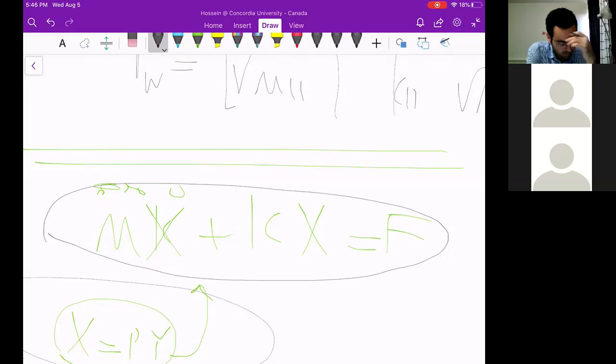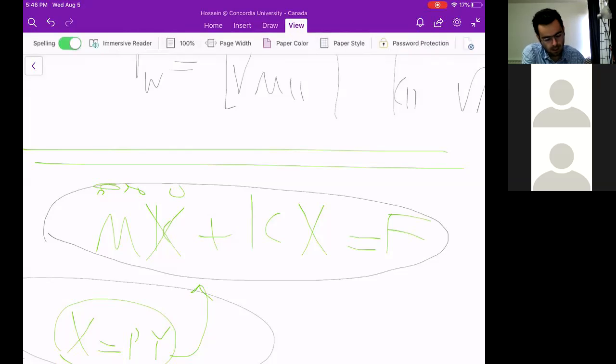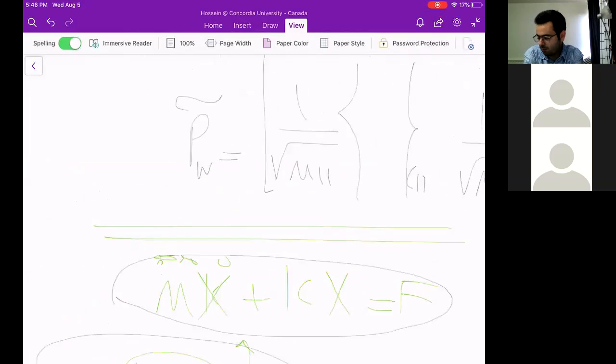I forgot what the question was, so let me read it for you. The question asks to determine the modal matrix P. For the modal matrix, you need the first mode and the second mode. How can I get them? You use Lagrange, the principle of virtual work, or any approach to find the equation of motion.